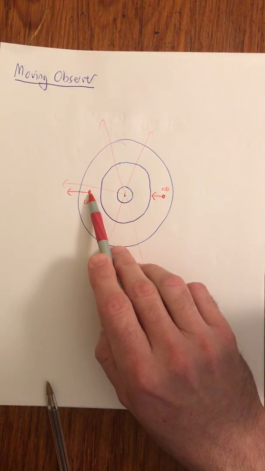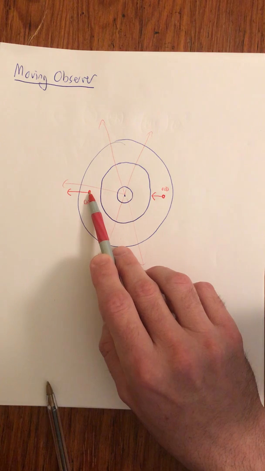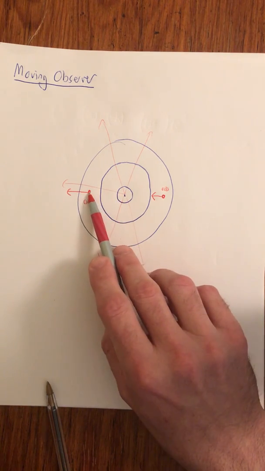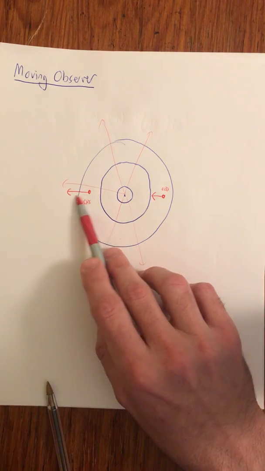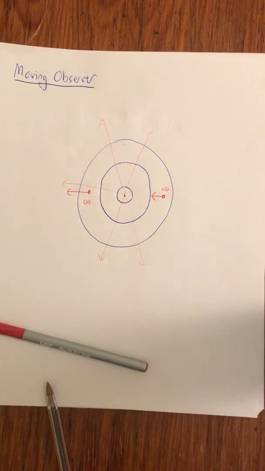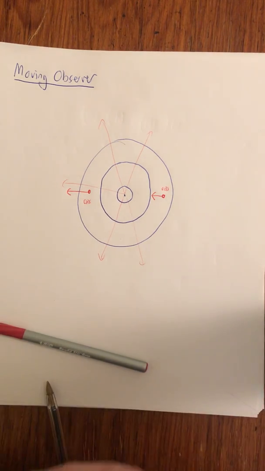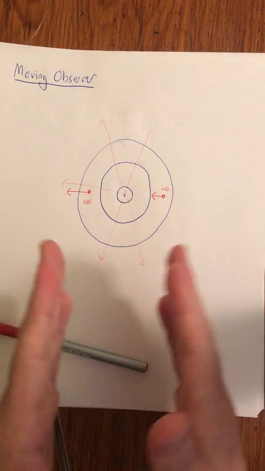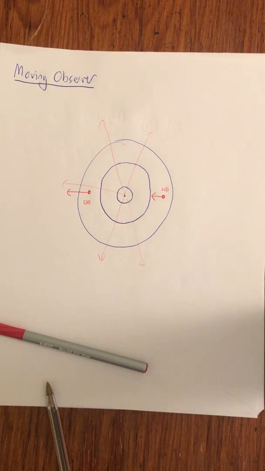But if the observer is moving away, not only does that wavefront have to travel an entire wavelength to get to here and another wavelength to get to here, the wavefront would also have to travel the distance that the observer traveled during that time period, such that it extends the period, and therefore lowers the frequency.